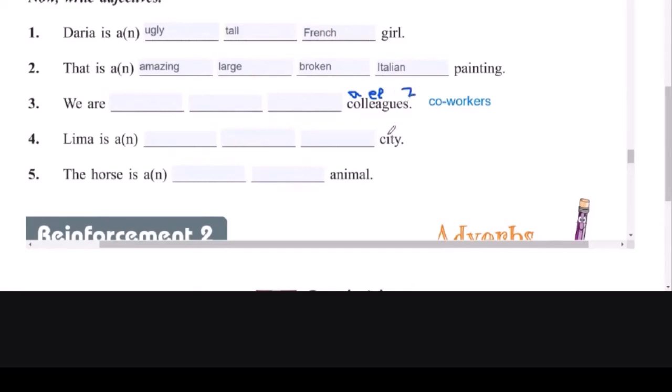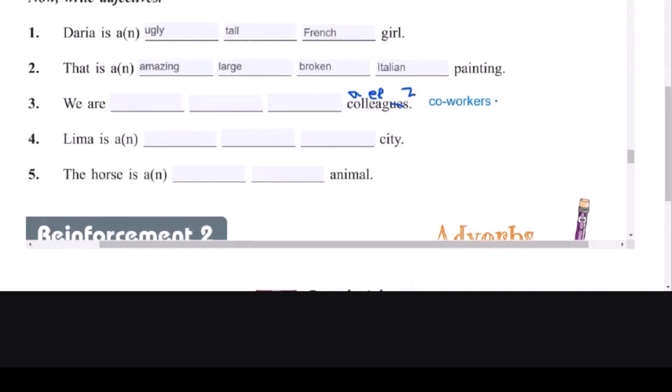Colleagues, or co-workers, which is the synonym. But the pronunciation is colleagues, right? Not even the G is pronounced. Not gues, no, just gz. Gz, colleagues. That's the one. Okay. Colleagues.